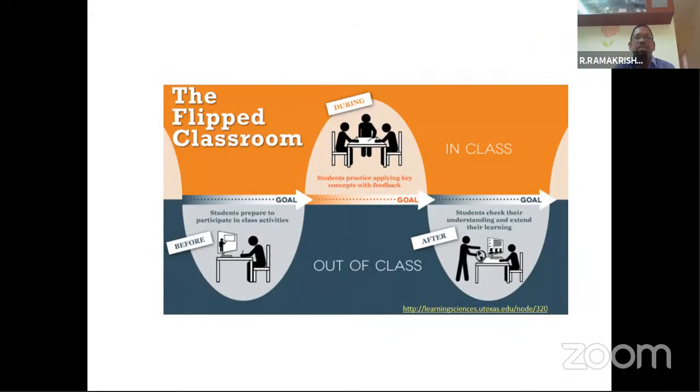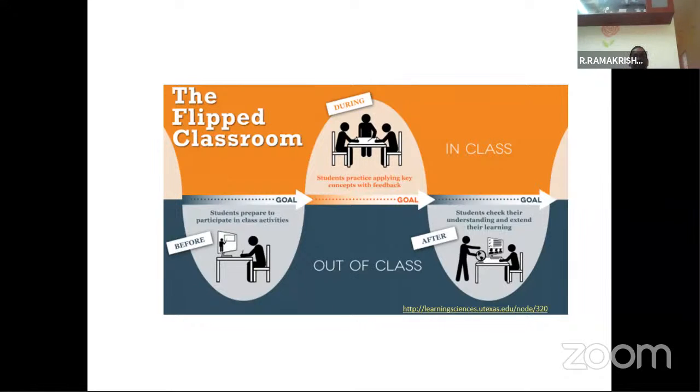So what is all about flipped learning and flipped classroom? Before discussing flipped learning, we would like to discuss flipped classroom. These two terminologies are not interchangeable. First, what is flipped classroom? Then we will discuss flipped learning.